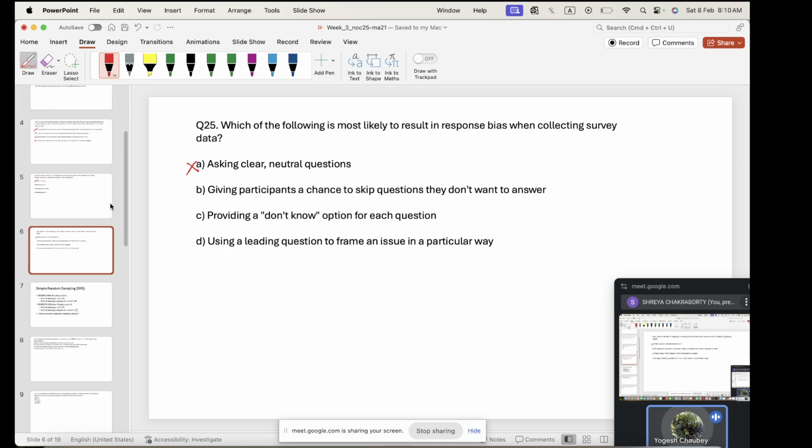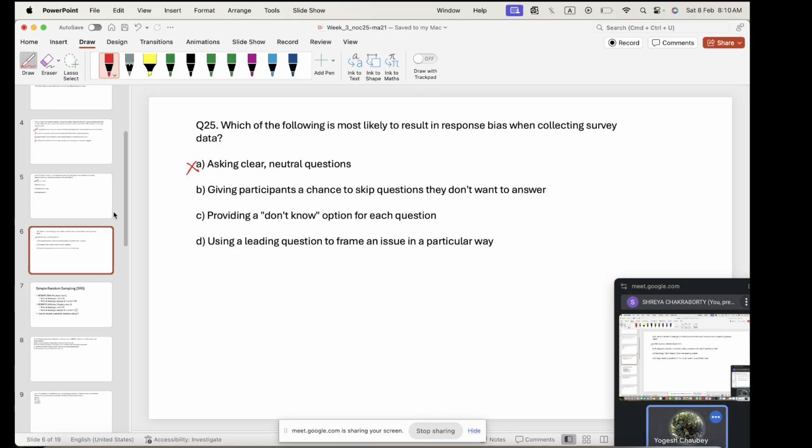Giving participants a chance to skip questions. So the response has to be to a question. Response bias means differential preference to certain answers.